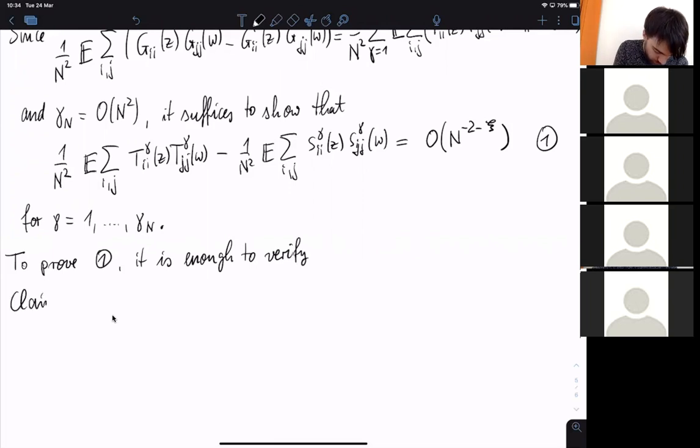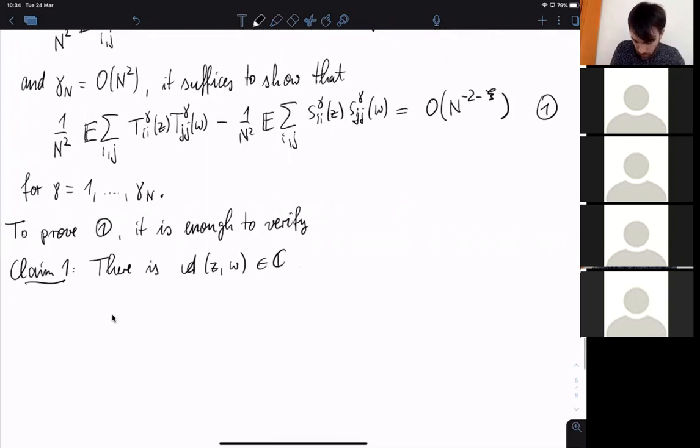So claim 1: there is an A of z, which depends on z and w, such that the following holds.